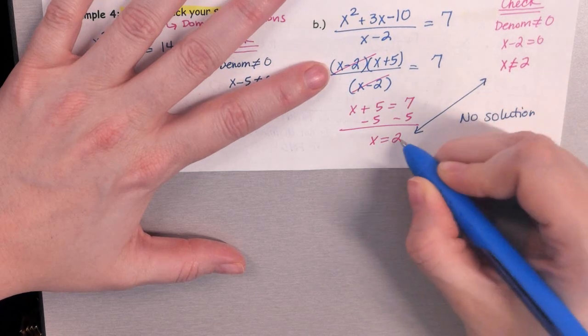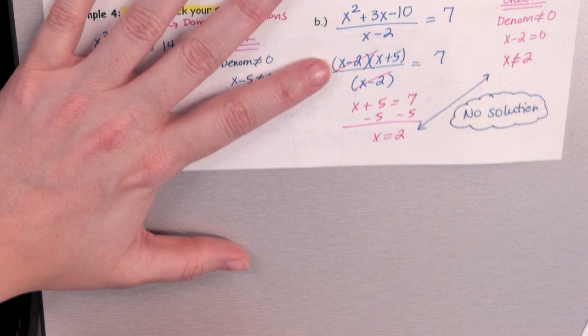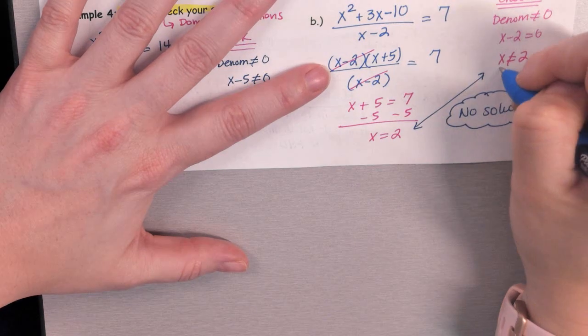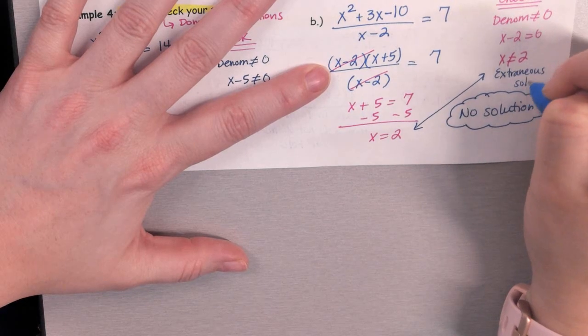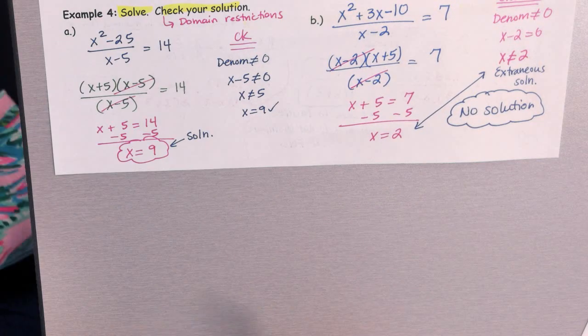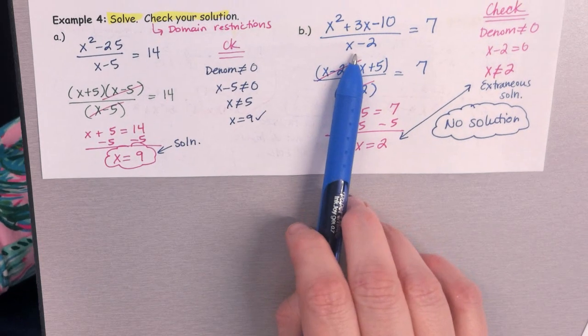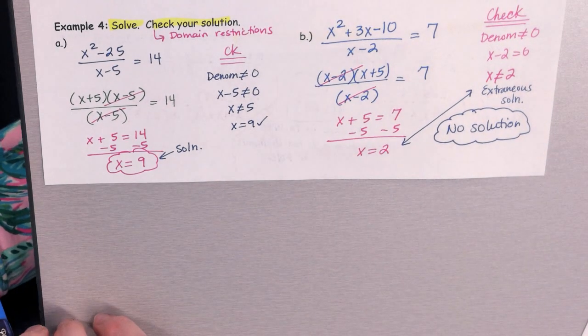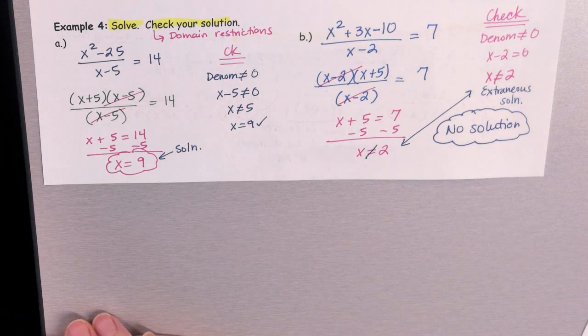So if x can't be 2 and you got x equals 2, there's no solution. Okay, this is called an extraneous solution. Because if you were to plug in 2, 2 minus 2 would be 0. Can you have the denominator equal 0? Nope. Okay, so cross that off. X can't be 2. Okay?